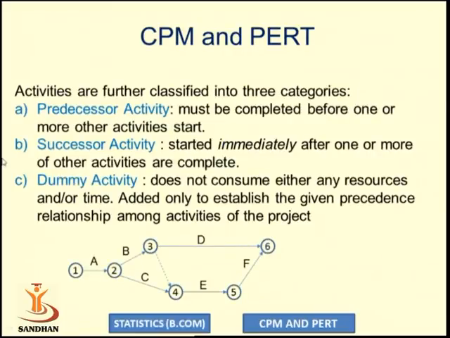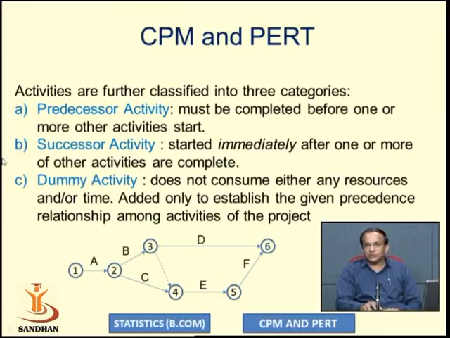The activities are further classified into three main categories: predecessor activity, successor activity and dummy activity. The activity which must be completed before one or more other activities start is called a predecessor activity. An activity which starts immediately after one or more other activities are complete is called a successor activity.